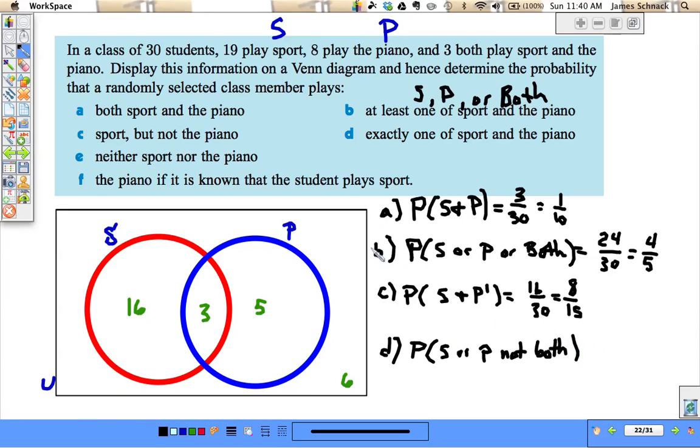Note the distinction between B and D. Sport or piano, not both. So that would be 21 out of 30, or 0.7, 7/10.